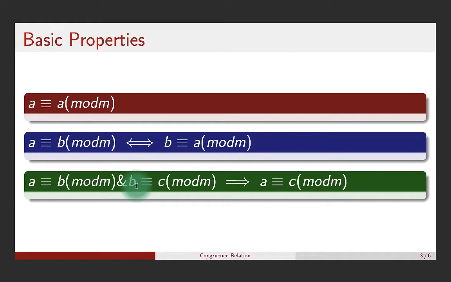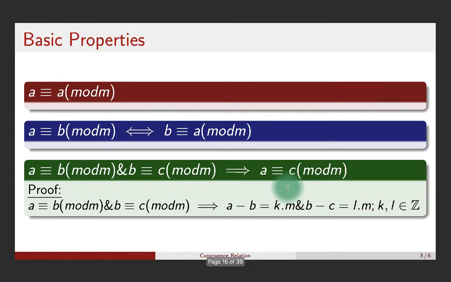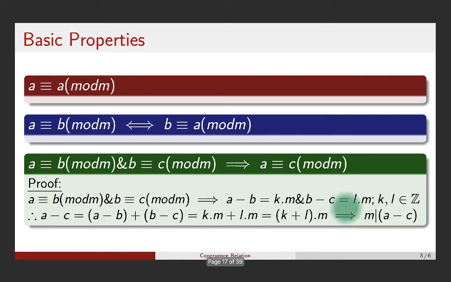Now next relation we consider is the transitivity of the relation. That is, a congruent to b and b congruent to c implies that a is congruent to c. A congruent to b and b congruent to c implies that both a minus b and b minus c are multiples of m, so that a minus c can be expressed as the sum of a minus b and b minus c, which implies that a minus c is a multiple of m.